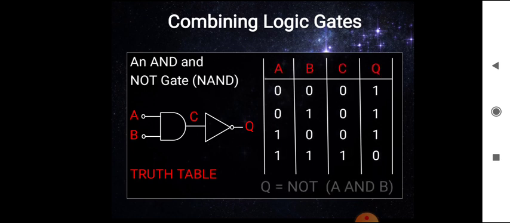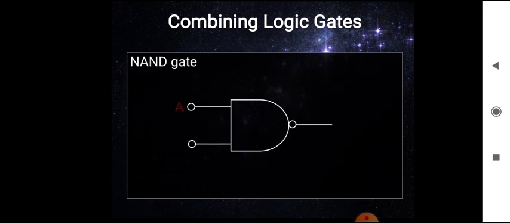Okay, so here we have the truth table also. Here we have to know one thing, that the NAND gate output will be A dot B whole bar. The AND gate output is A dot B, and after combining with the NOT gate, the NAND gate output will be A dot B bar.